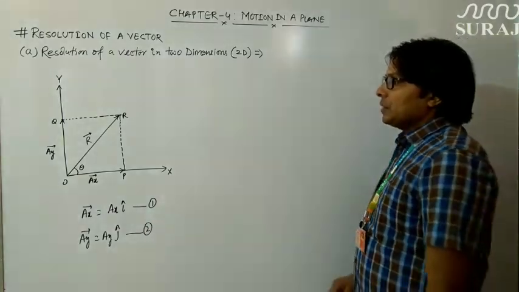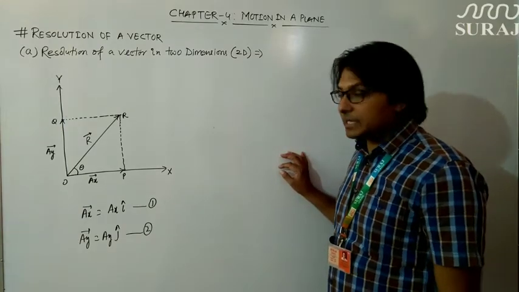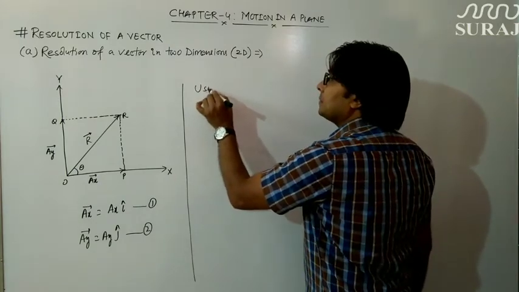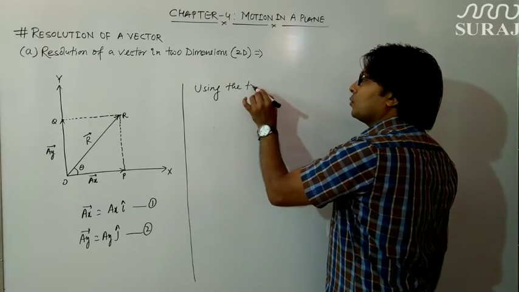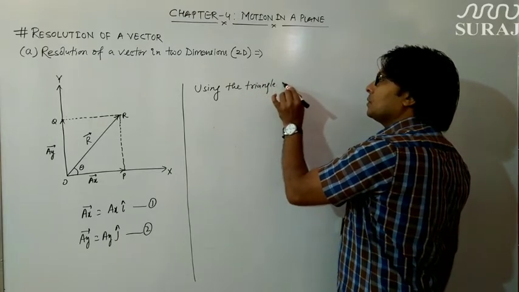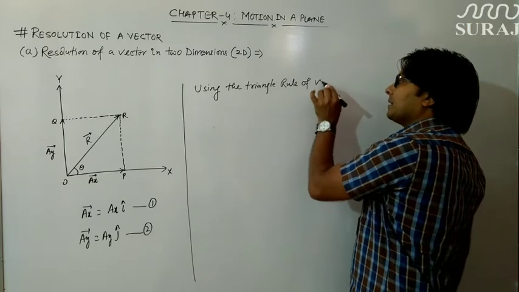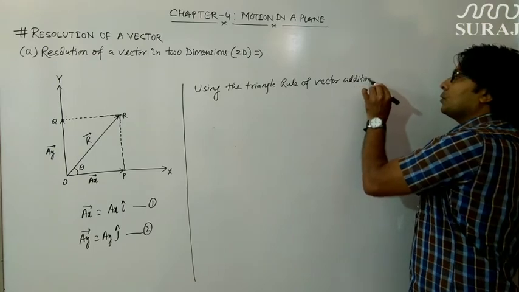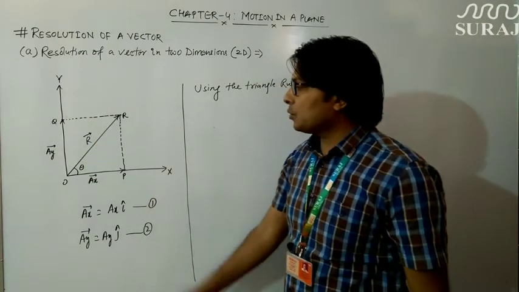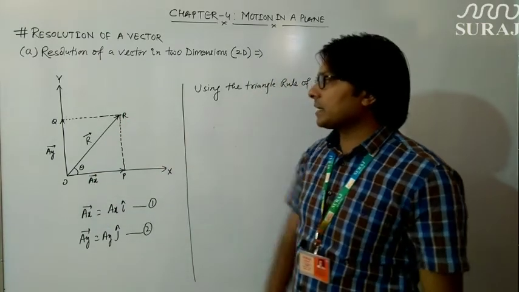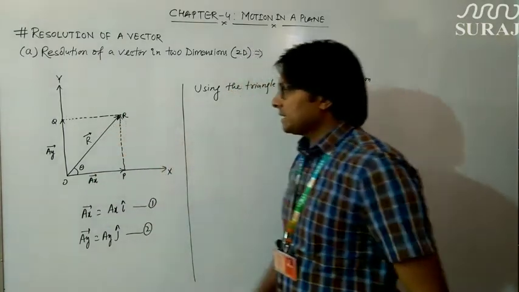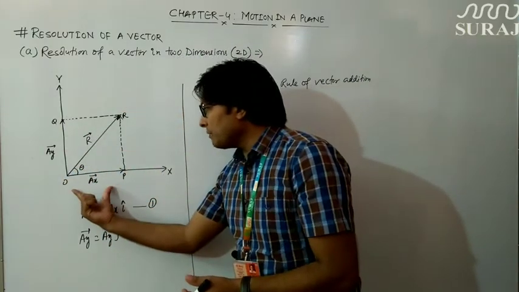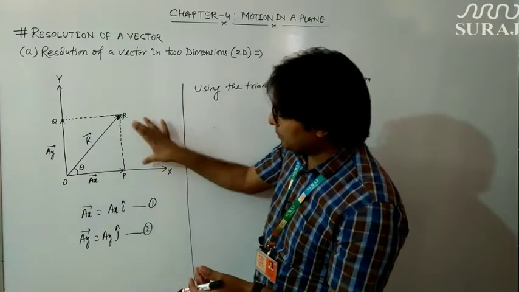Okay, now using the triangle rule of vector addition, if we want to write down r vector in terms of OP vector and PR vector, then you can say that this r vector, or we can say OR vector, will be the sum of OP vector and PR vector.